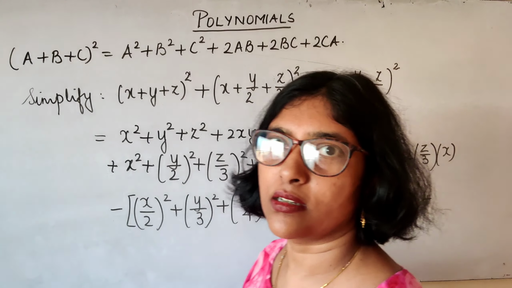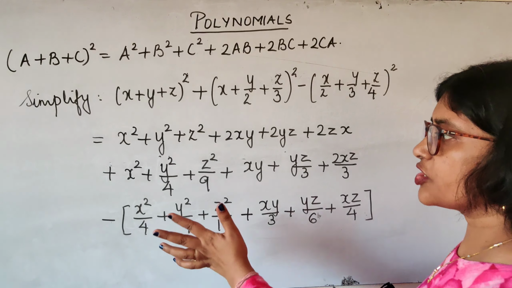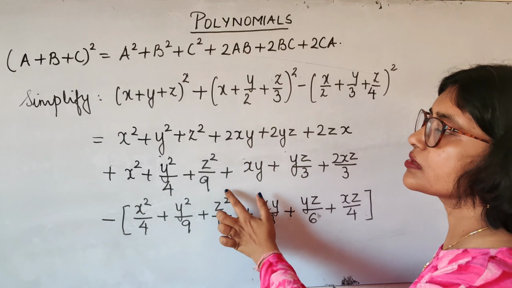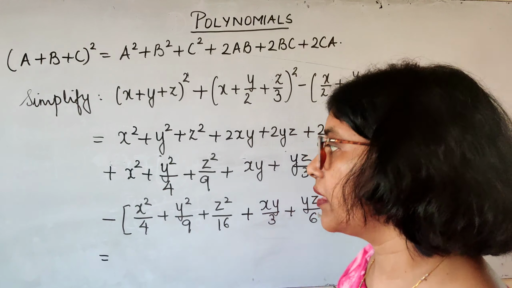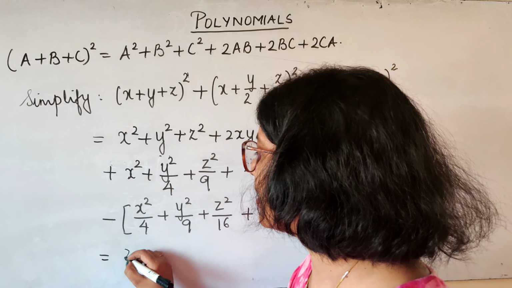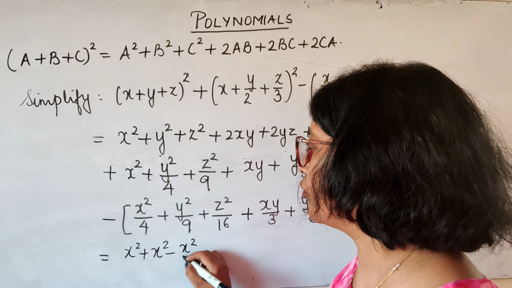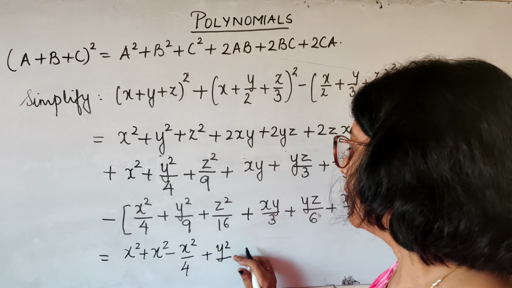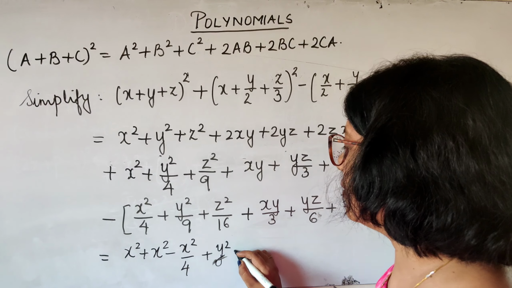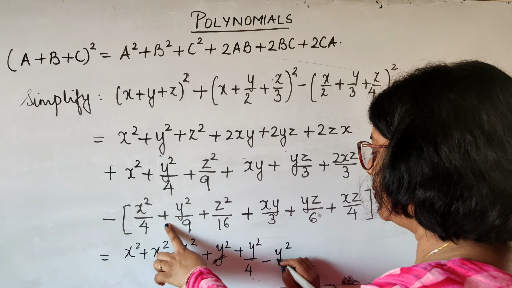So let's see what is the next step. So on simplification, we have these expansions. So it turns out to be that the simplification is x square plus x square minus x square by 4. Same way we go with y square. Okay, the first term is y square, then y square by 4 and minus, because this minus is common here.